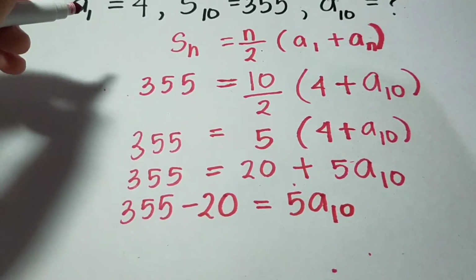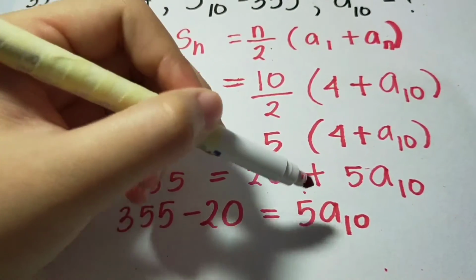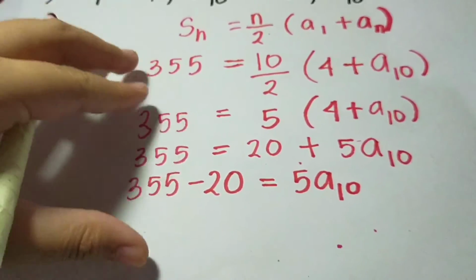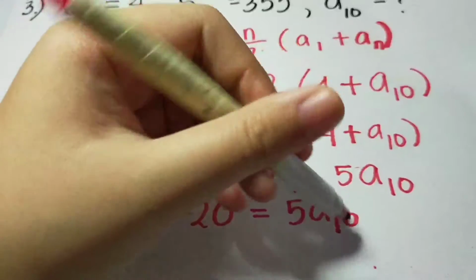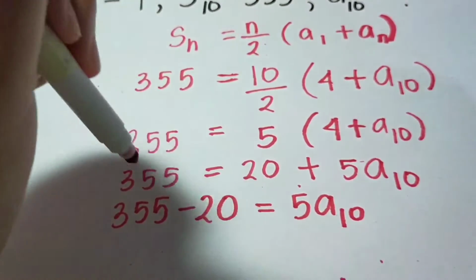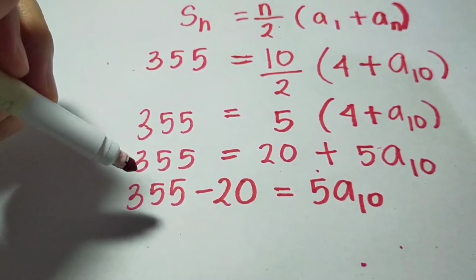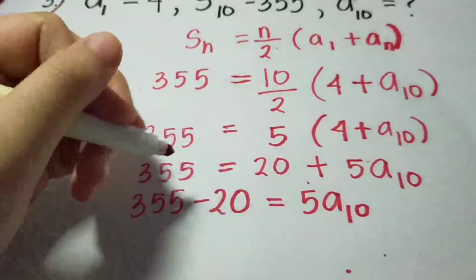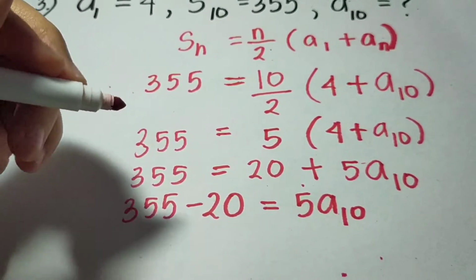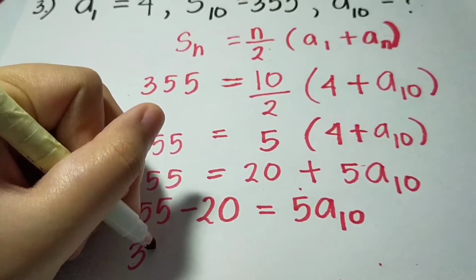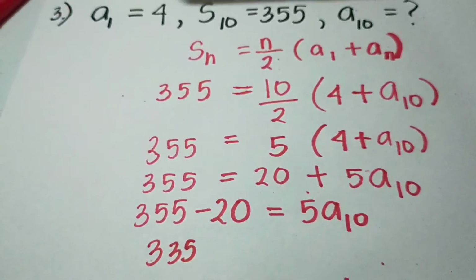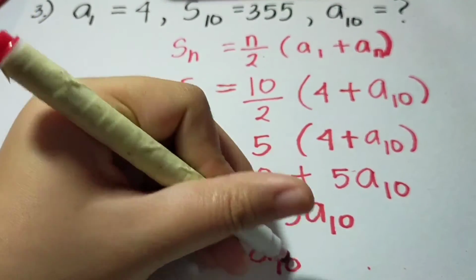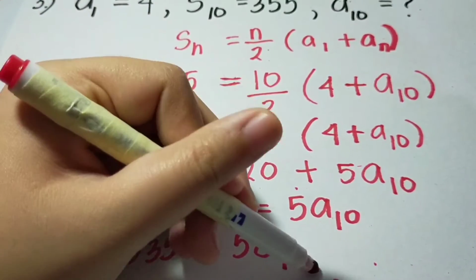So 5a sub 10, para ma-eliminate natin yung 5 ay i-divide natin both sides by 5, or simply subtract natin muna yung 355 minus 20. 355 minus 20 is equals to 335 is equals to 5a sub 10. Divide both sides by 5.